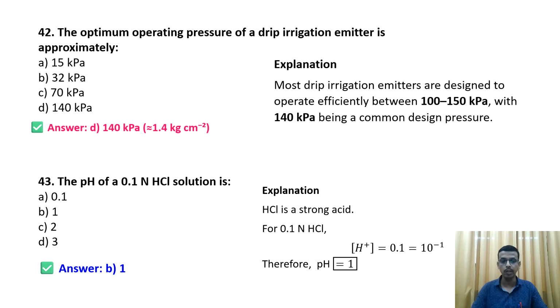If you take the negative logarithm of the hydrogen ion on both sides, negative log of H plus is equal to negative log of 10 to the power minus 1. The negative and the minus 1 multiply to give positive, and it gives log 10, which is 1, and minus log of H plus means pH. So pH is equal to 1.